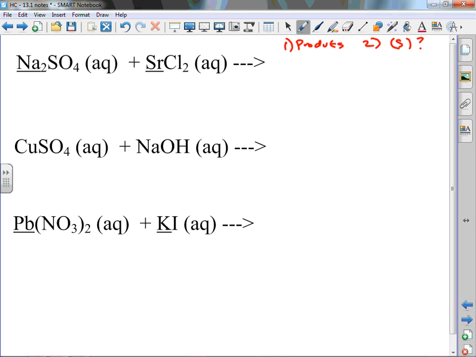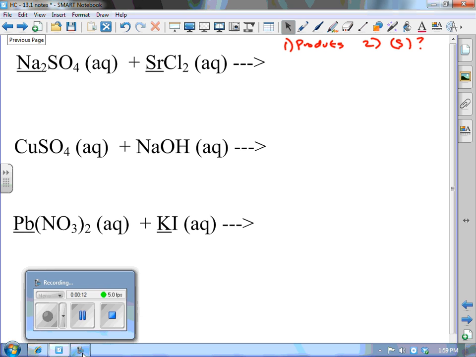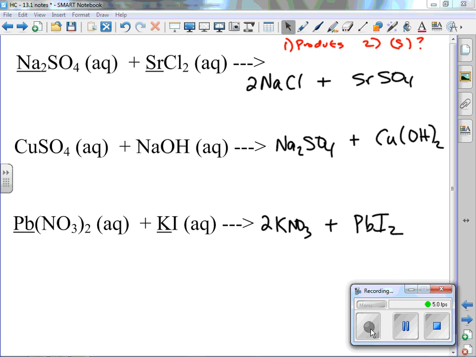So when you look at the chart, you may not find the solid, but you might be able to eliminate chemicals from that. So I'm going to pause this. Write the products and then determine which one of the two products forms the solid. After a few minutes, you can go back and we'll talk about them.